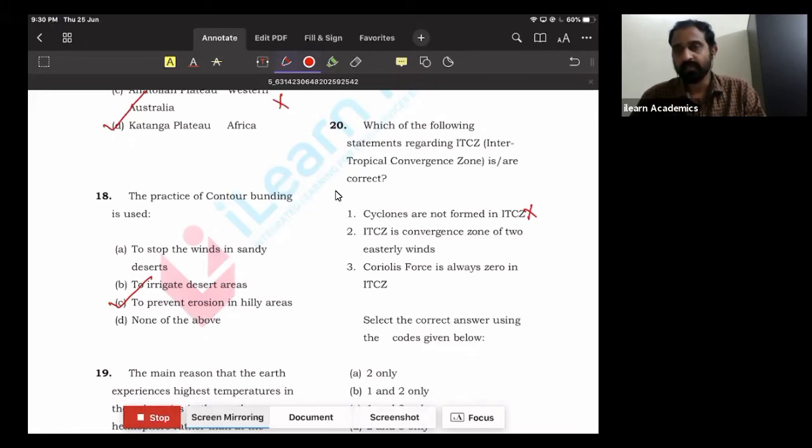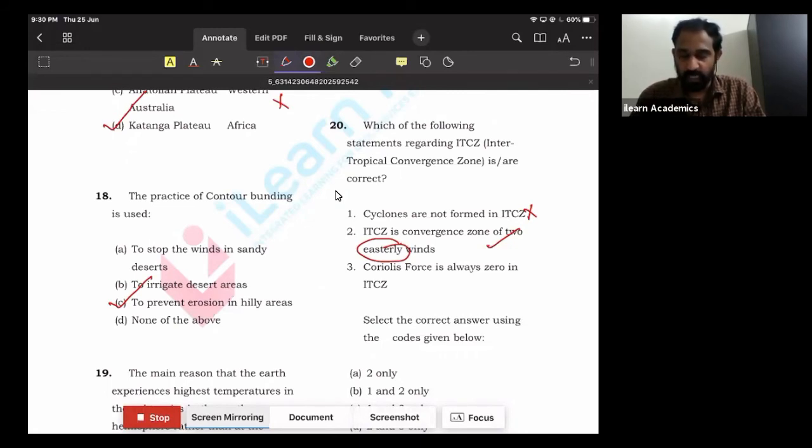Here the easterly winds mentioned are the northeast and the southeast trade winds. So this is true, but you might get confused whether to consider these winds as easterly winds. UPSC will not try to confuse you with the naming of a particular wind. So even if you get confused here, you will get the answer.